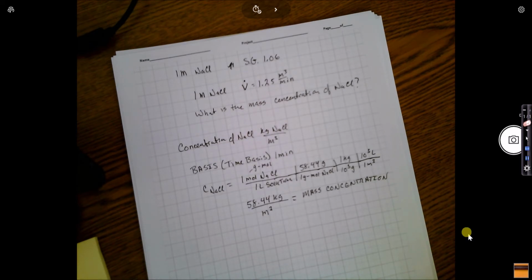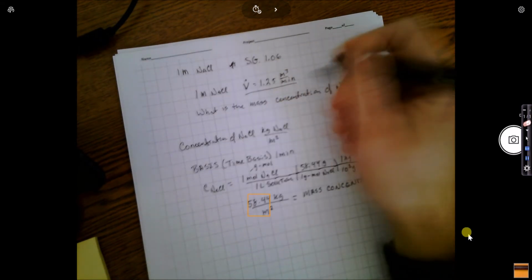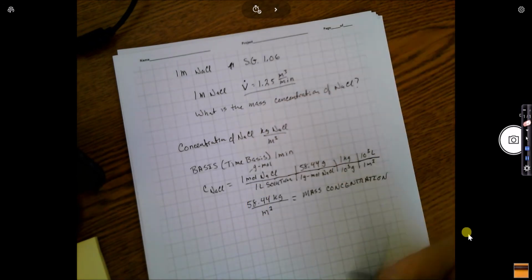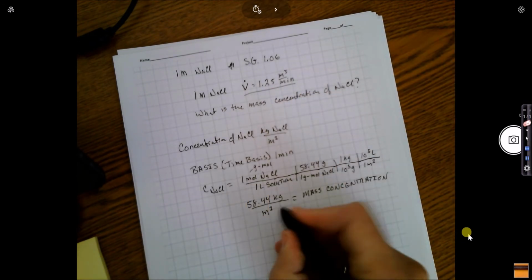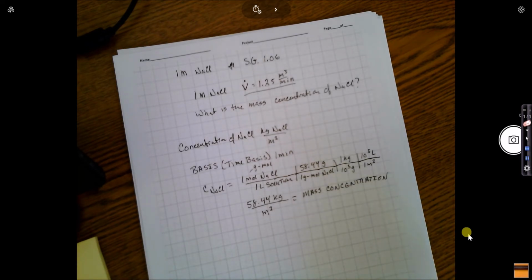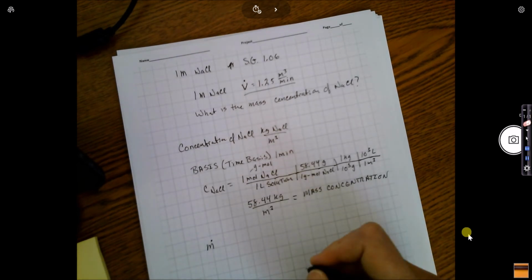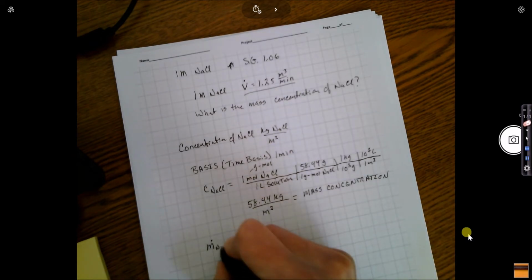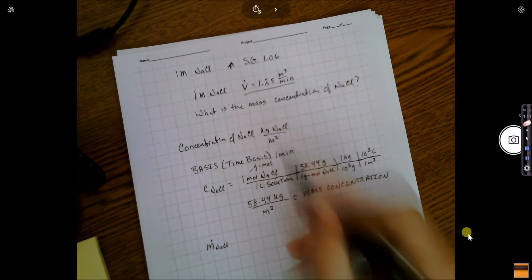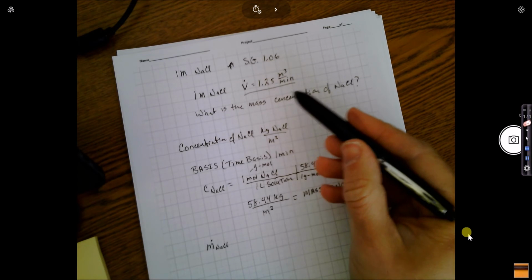The reason why I chose to do this is because we're given a volume fraction that's in terms of cubic meters, okay? And so we want to have our answers in terms of cubic meters, because the next question, which would be an obvious question to ask, is what is the mass flow rate of sodium chloride in this solution if we have this 1 molar solution of sodium chloride going with a volumetric flow rate of 1.25 cubic meters per minute.